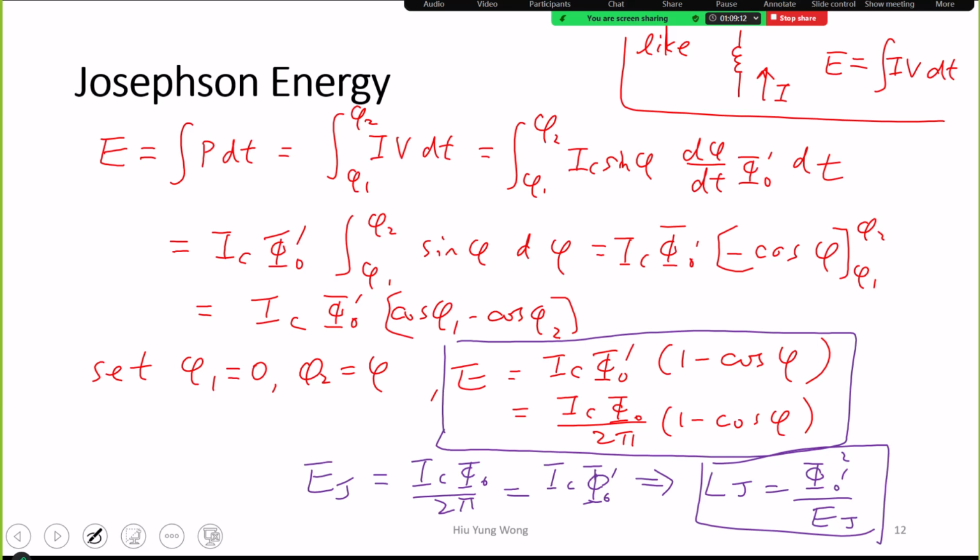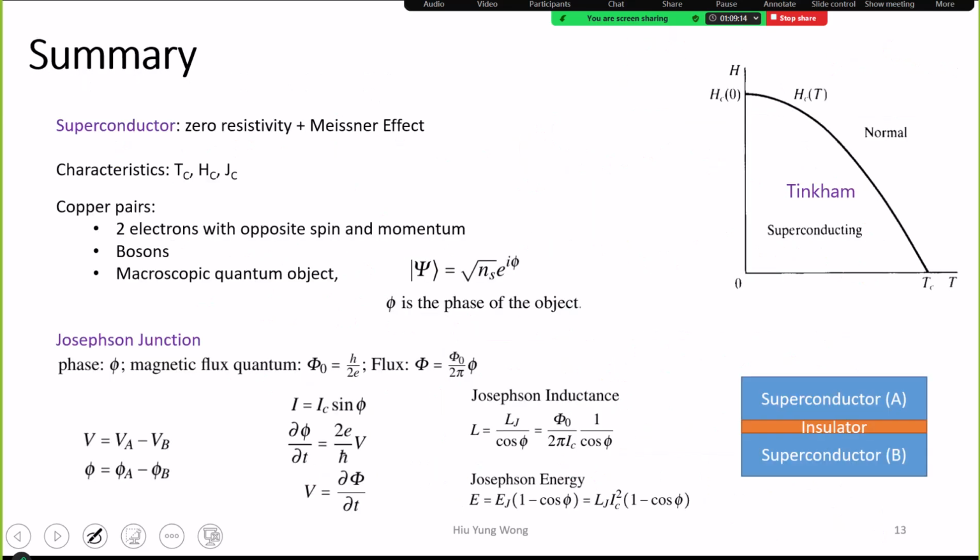But what did we learn after all? We say that a superconductor is zero resistivity plus Meissner effect. You need to have the temperature, E field, B field and current all smaller than the critical value. And more importantly, for a superconducting device, the whole metal can be described by a macroscopic quantum object.